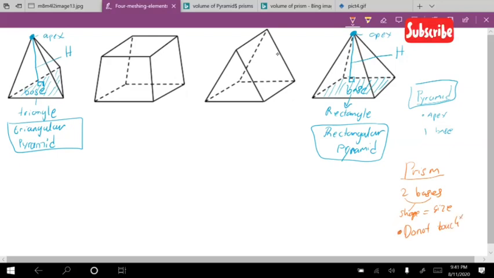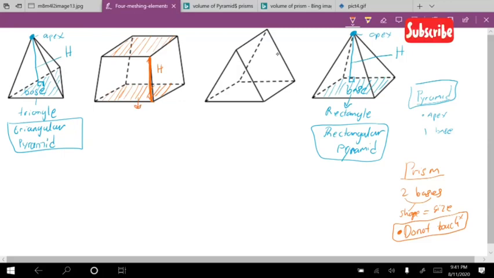Remember this, do not forget this. The two bases do not touch. So we can tell there's no apex between these two figures, right? If we choose the bottom to be the base, then the top will be the base. Remember, they do not touch and they have the same shape. And the height will be the distance between the two bases. So this is the height of this prism.